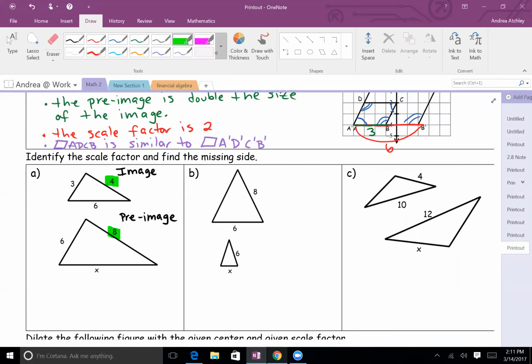And we'll get there. Then the 3 corresponds to what? On the bigger, 6. And then finally, the 6 and my unknown. Very good. Most of you can come up with x should be 12.